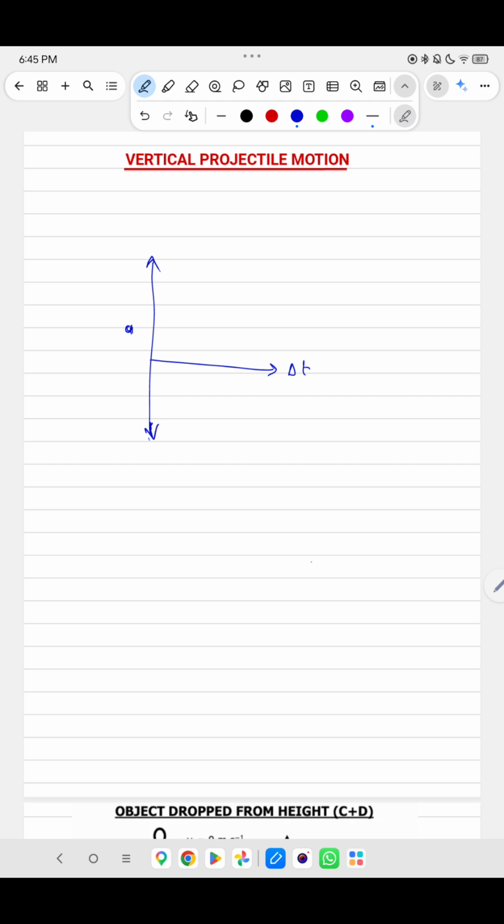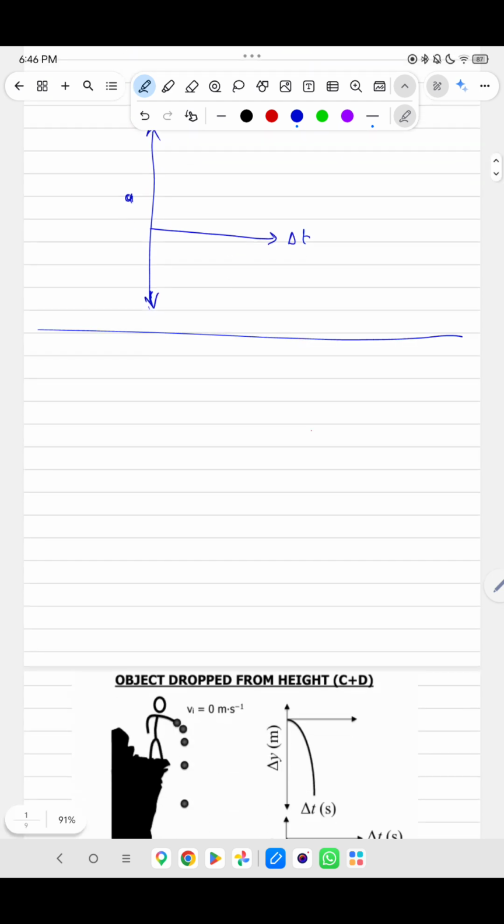We are dealing with objects that are moving under the influence of gravity. For example, a man who's at the top of the tower. He dropped a ball here, and then this ball will go down until it reaches here and bounces back.